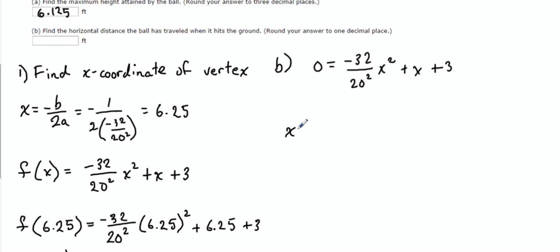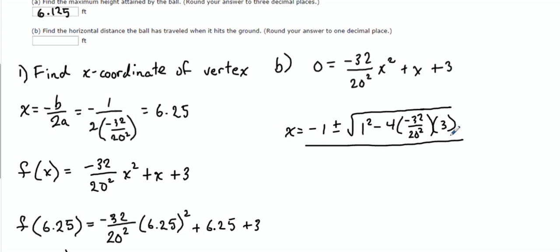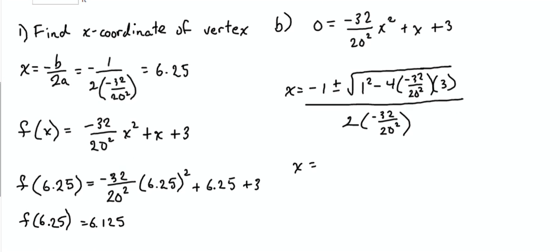So x equals, remember we always start with the negative, b is 1, plus or minus the square root of b squared, 1 squared, minus 4 times a, which is negative 32 over 20 squared, times c, which is 3, divided by 2 times a, which is negative 32 over 20 squared. And we're going to plug this whole thing into the calculator.